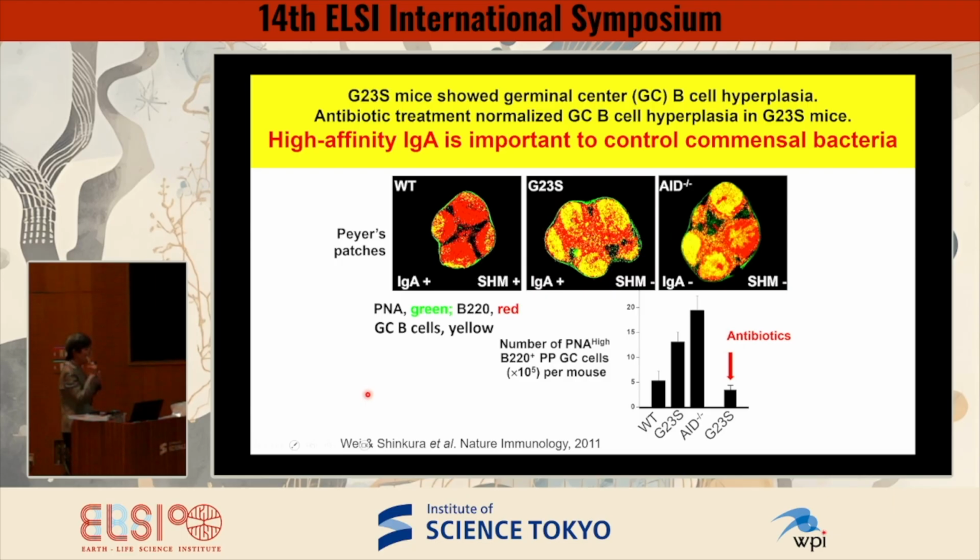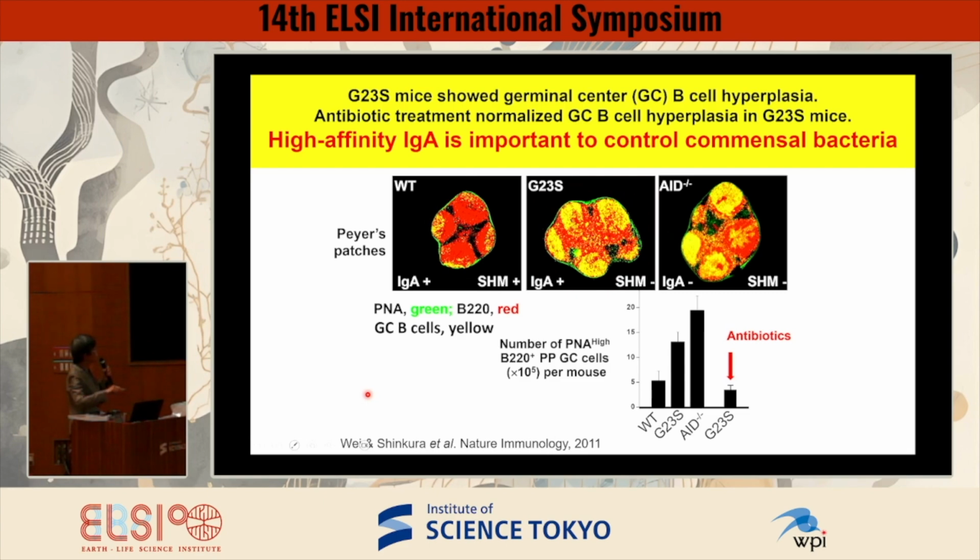The only remaining factor is the gut commensal microbiota, so maybe it stimulates these mice's immune system. We administered these mice antibiotics for 4 weeks, then calculated the number of germinal center B cells, these yellow cells.